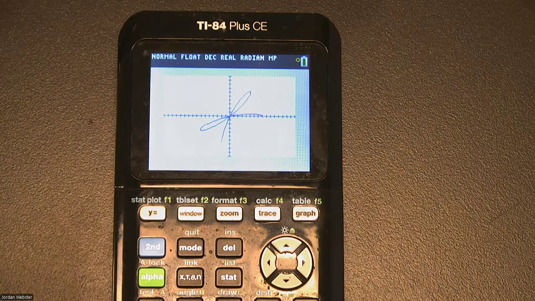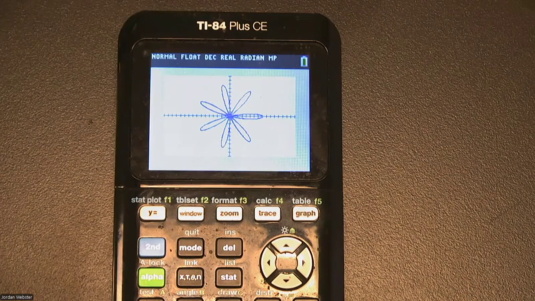Well, I'm going to get more dots, so the graph is going to look smoother because I'm using more dots. It takes a little bit longer to graph because it has to do more calculations, but it will look smoother the more dots you use.